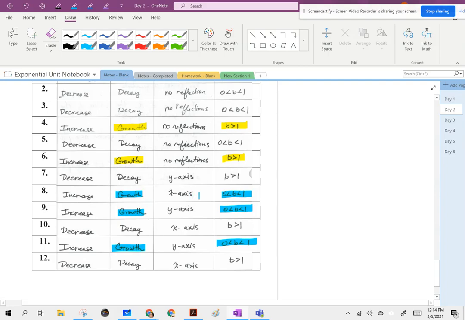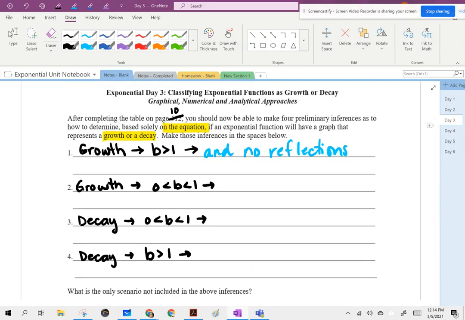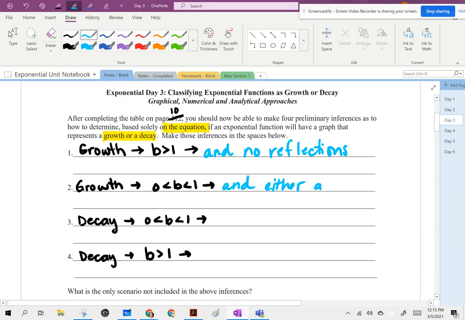There's an x-axis, a y-axis, and another y-axis. So if we look at those inferences, then I can say, okay, there's growth where the b value is between 0 and 1 and either an x-axis or y-axis reflection.